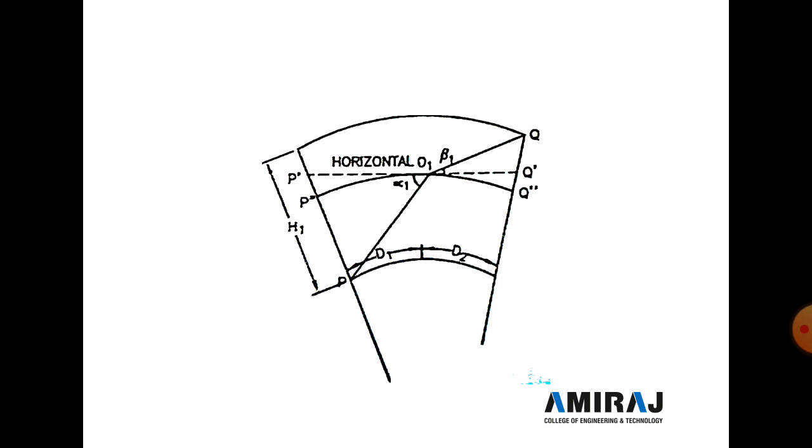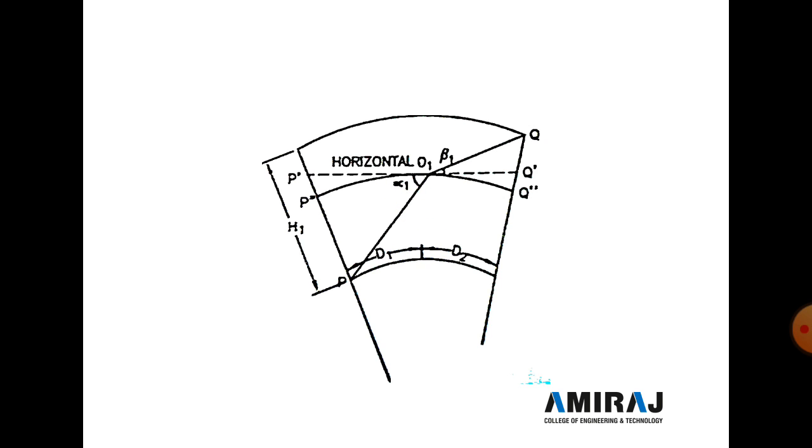Now from the trigonometric rule, you can see the value of P double dash is d1 tan alpha 1. This is the trigonometric formula.